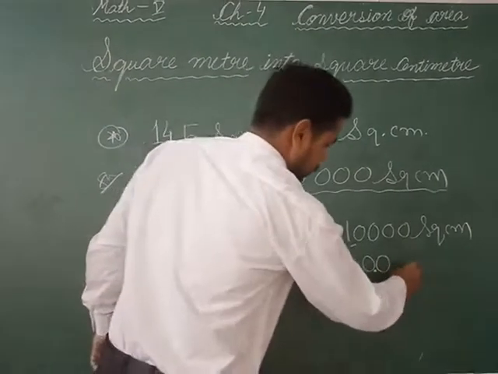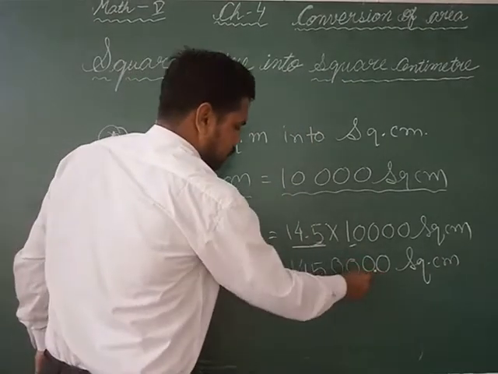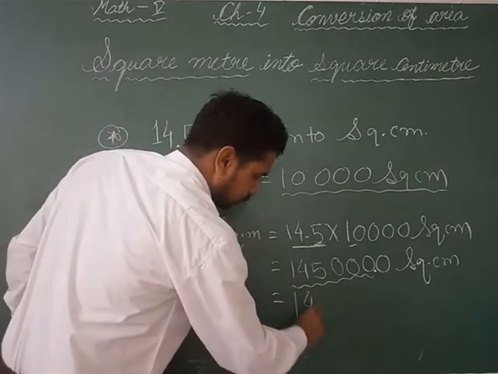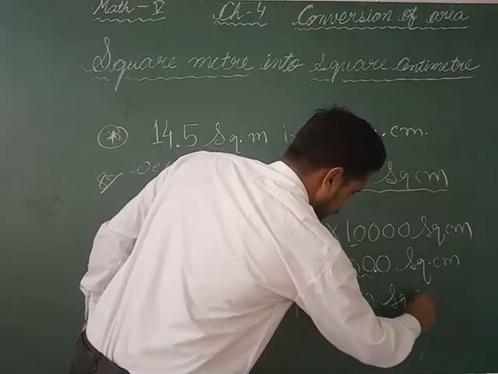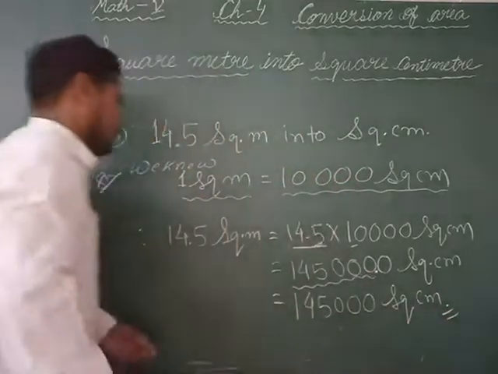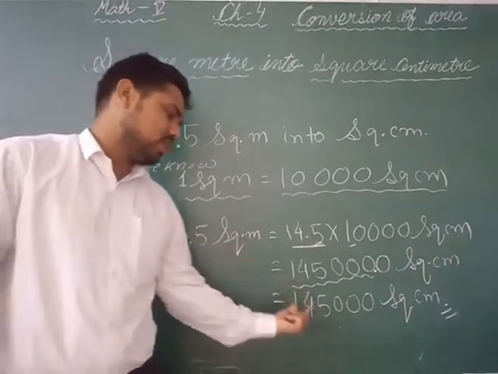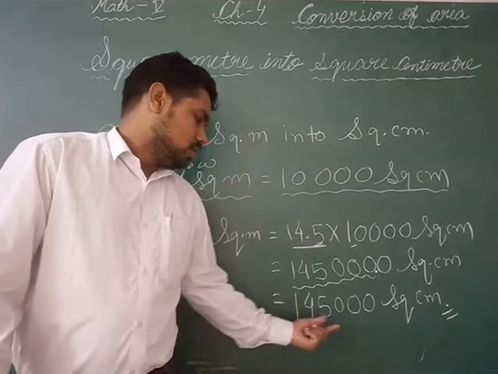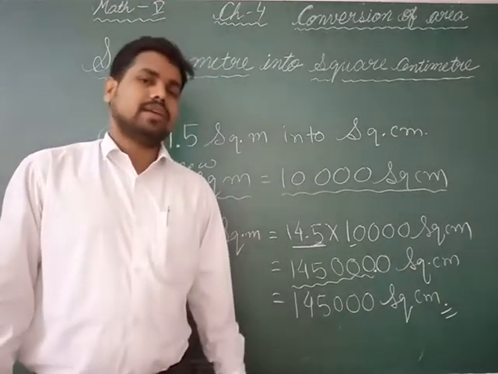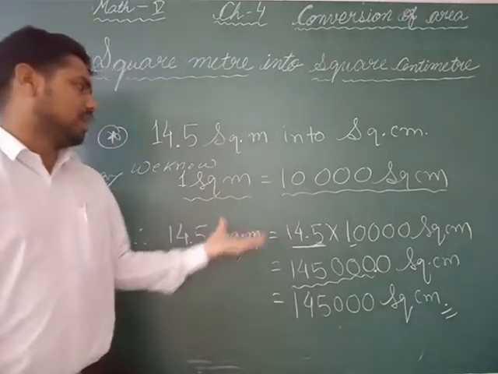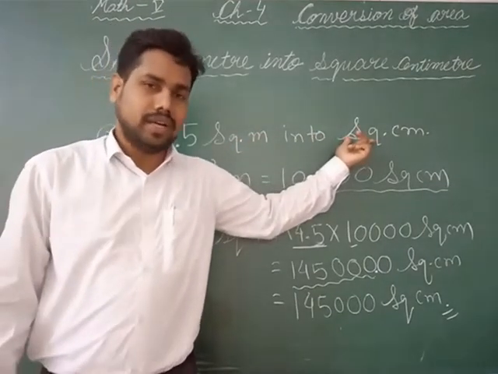So the result will be 145,000 square centimeter, which is the conversion of 14.5 square meter. That is, ones, tens, hundreds, thousands, ten thousands, lakhs: 1 lakh 45,000 square centimeter. This is how you can convert square meter into square centimeter.